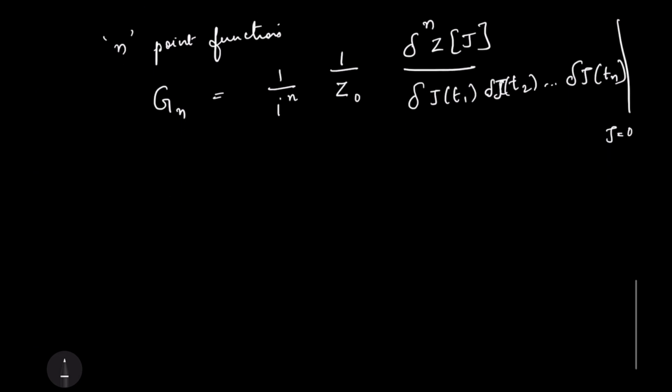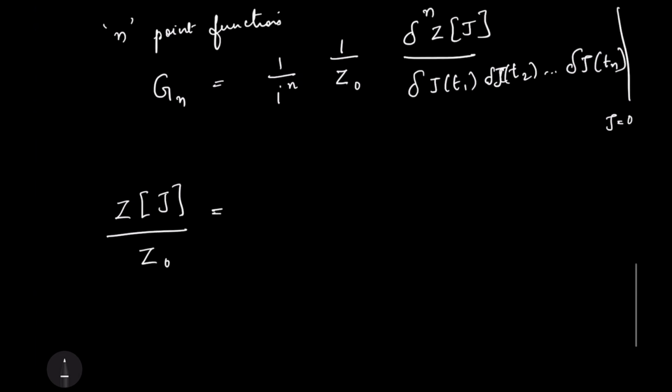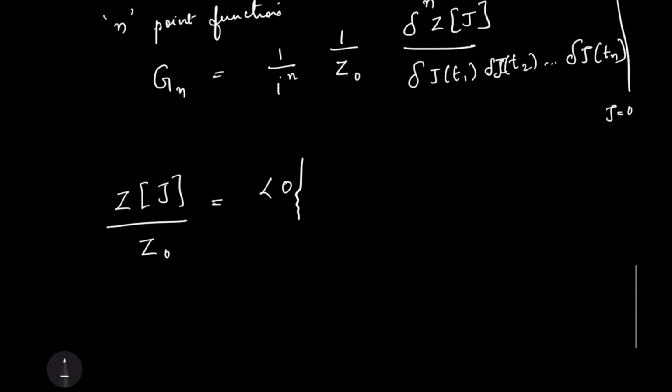Okay, so we can also write z of j by z0 is equal to the time ordering of e raised to i integral dt j of t x of t.